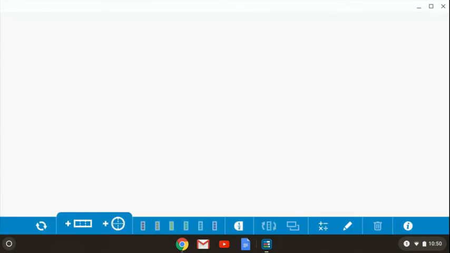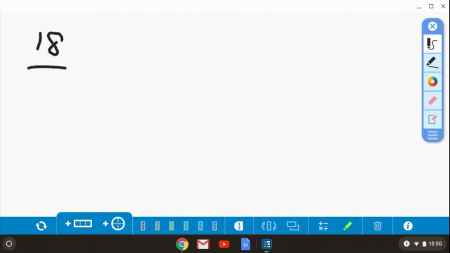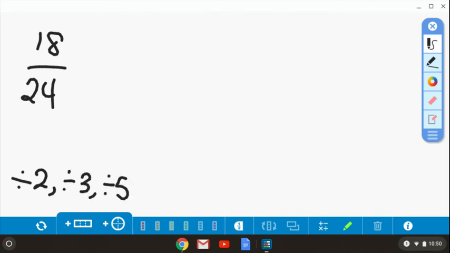Now, simplifying 18/24 is not hard. The strategy I always would teach my middle school kids, because it's just easier and faster, and let's face it, we want to make it easy and simple, is you ask yourself, can I divide my numbers by 2? Can I divide them by 3? Can I divide them by 5? One of those will usually work.